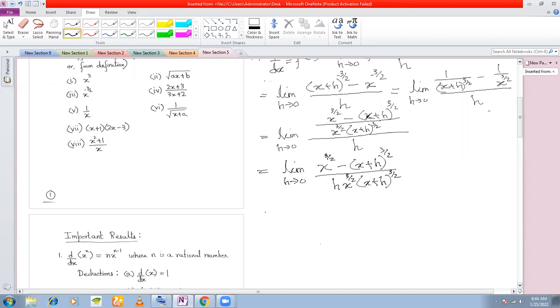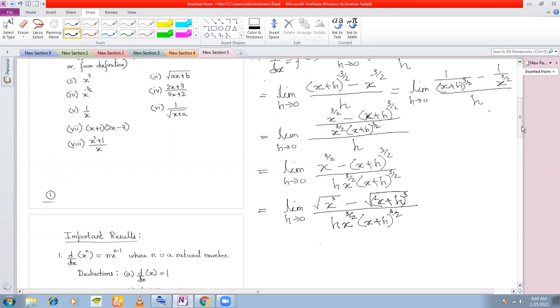Now, if you remember from your chapter on indices, fractional power x to the power of 3 by 2 can be written as root over of x cube, right? x cube to the power of half means root x cube, right? Right or wrong? Yes, sir. Can be written as root x plus h cube, right? Divided by h into x to the power of 3 by 2 into x plus h to the power of 3 by 2.